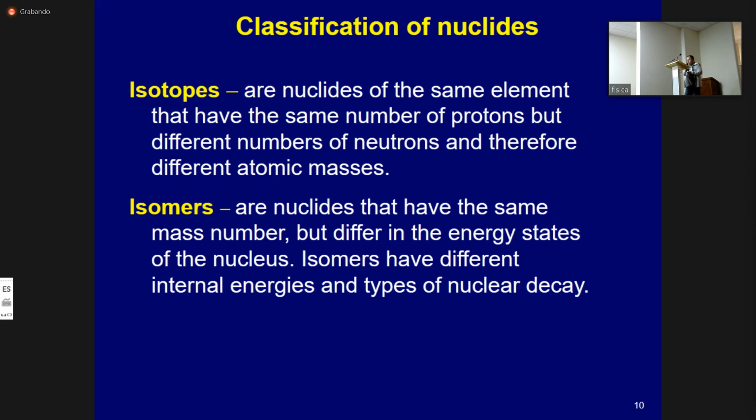Cesium has one stable isotope that can be found in nature, cesium 133, and about 20 radioactive isotopes.